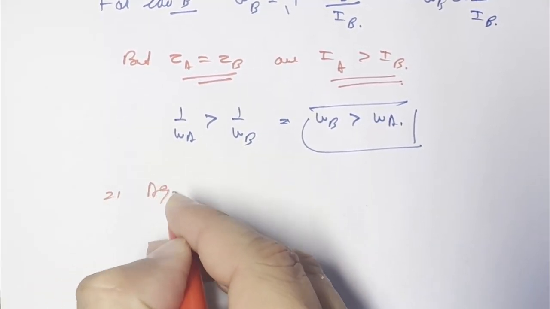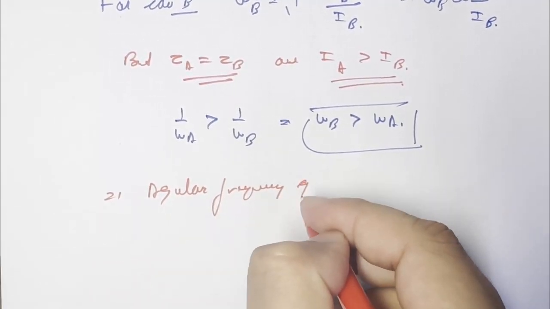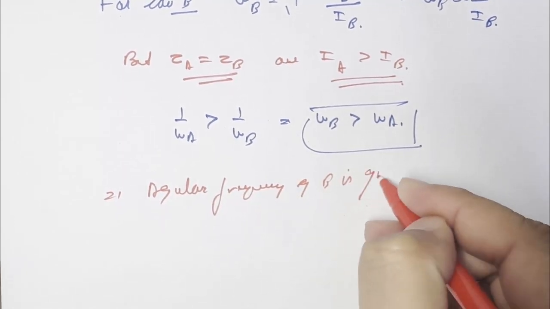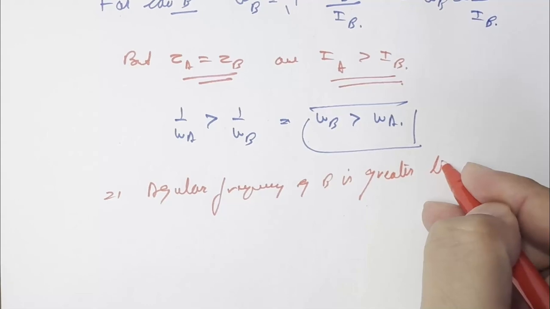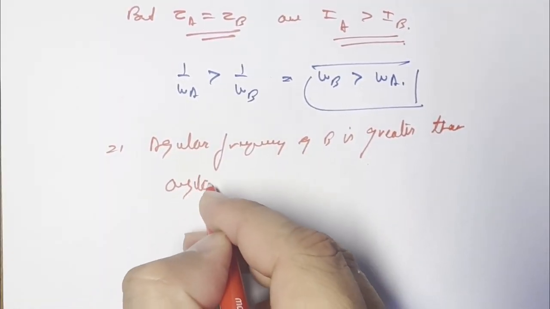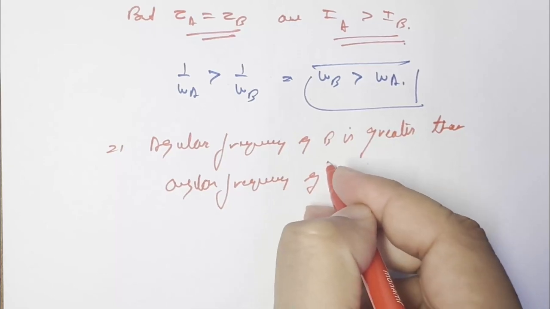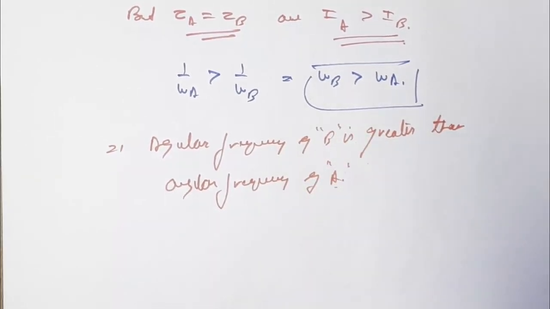This tells us angular frequency of B is greater than angular frequency of A. So we check options that are available to us.